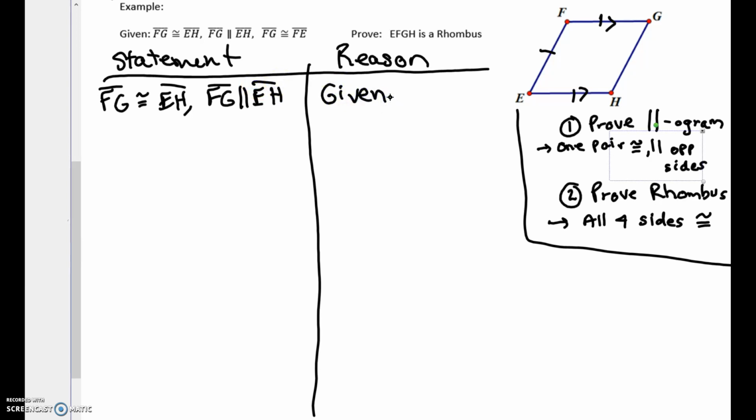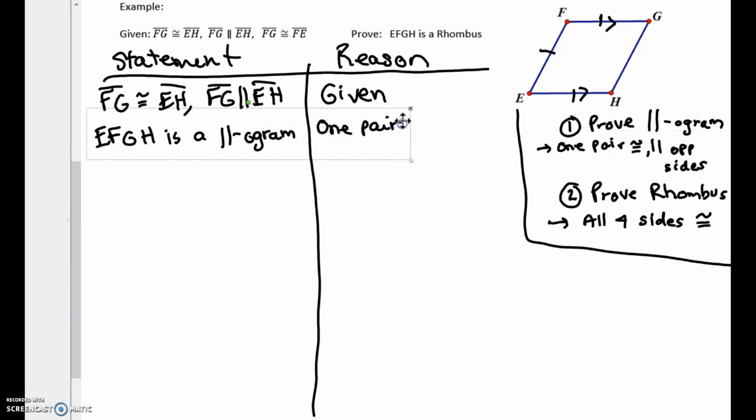Then we write that EFGH is a parallelogram because we have one pair of opposite parallel congruent sides. That's my reason.